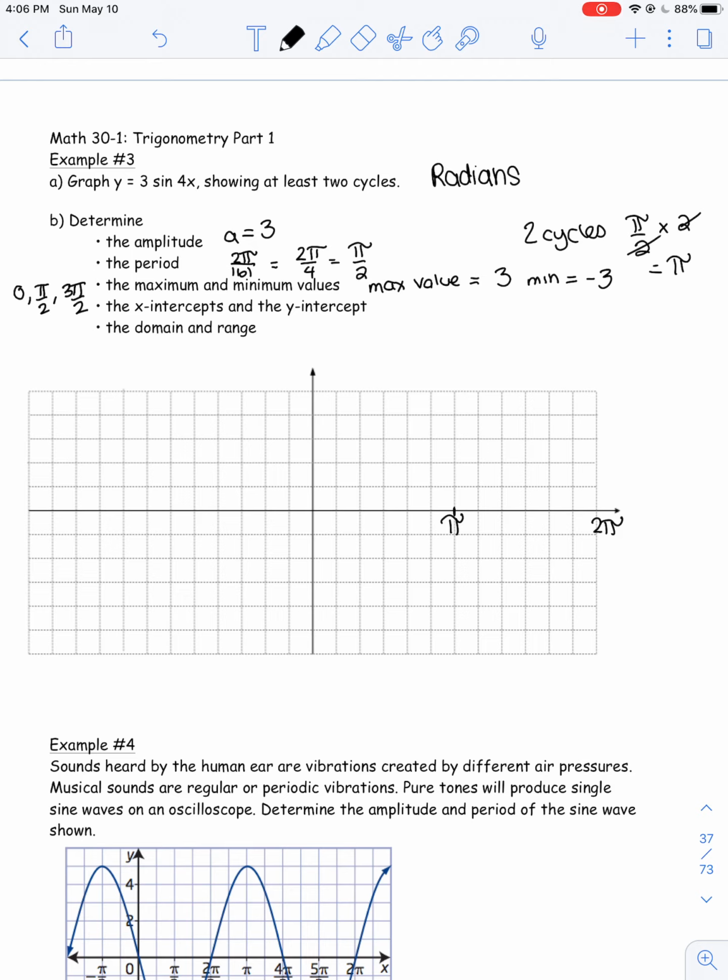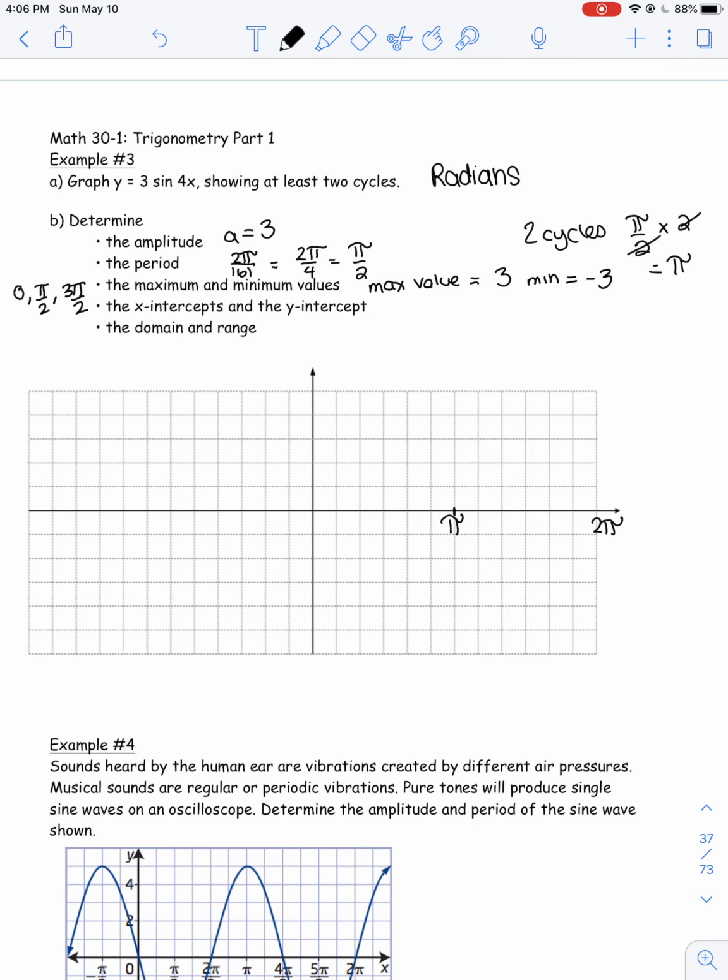Okay, so you can also graph it. I would ideally graph it and then look at the x-intercepts. So when I graph it, I'm going to put 3 sine of 4x in brackets, and I'm going to graph it in radian mode. So mode, radian mode, graph it, change your window.